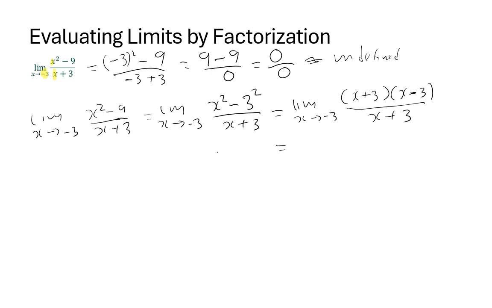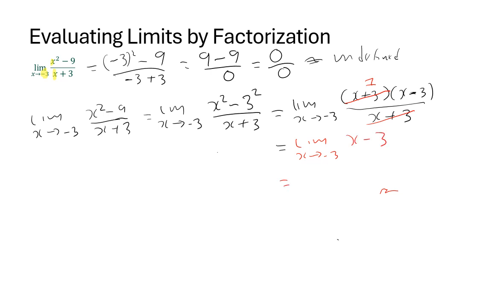So here we can see we have x plus 3 here, and we have x plus 3 here, and we have factorized this. So this x plus 3 will go into this x plus 3 one time. So we have 1 times x minus 3, which is just x minus 3. So we'll just be left with the limit as x tends to minus 3 of x minus 3.